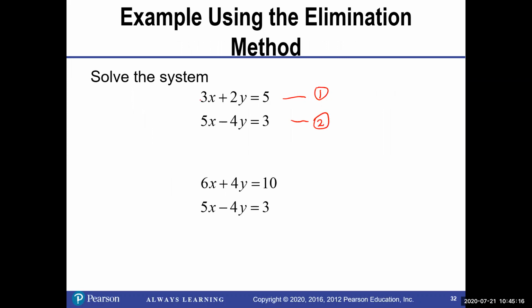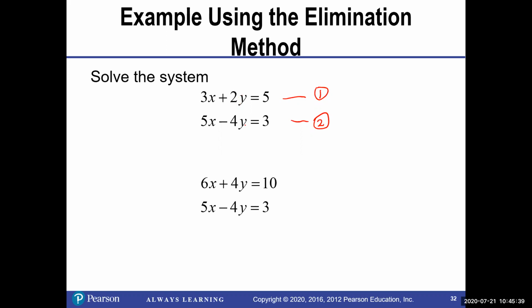Your goal is to make maybe the coefficient of x or the coefficient of y the same, so that you can add or subtract to eliminate. You make this and that the same, and then add in this case, or subtract in a different case, and you put that together to solve for the other.